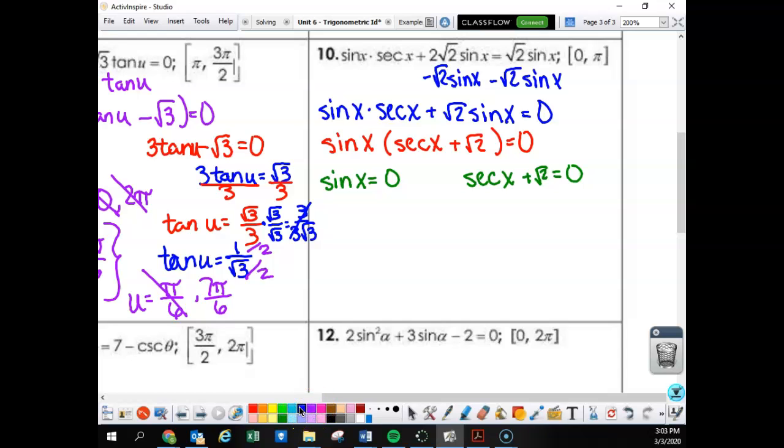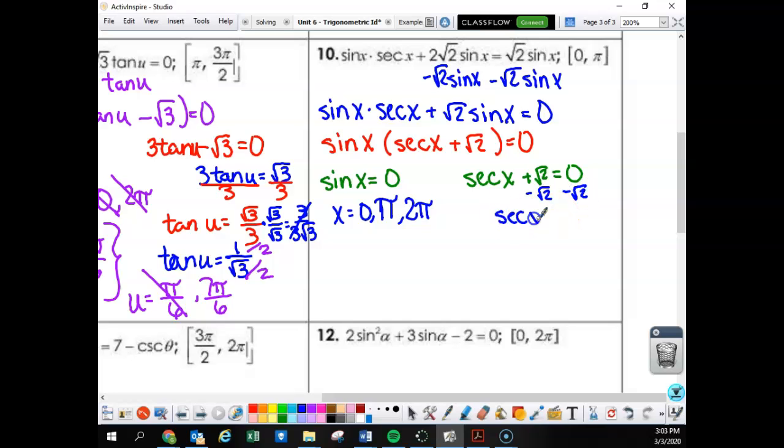So sine of x equal to 0, so I want the y value to be 0, and that's going to happen at 0, pi, and 2 pi. Right? At 0, the sine is 0. At pi, the sine is 0. And at 2 pi, the sine is 0. Okay? And then I'm going to subtract the square root of 2 here.